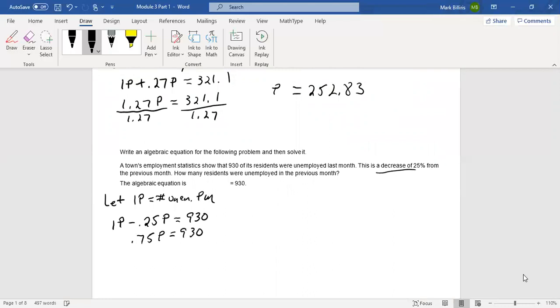When they ask you to write the equation, they'll take either this answer or this answer. Our last step to solve, we're going to take 930 and divide it by 0.75. So that tells us 1,240 were unemployed in the previous month.